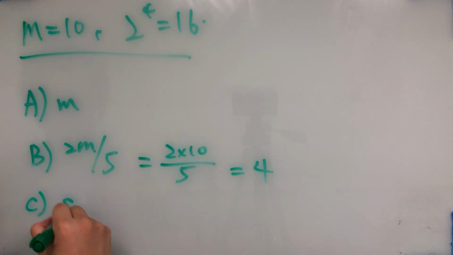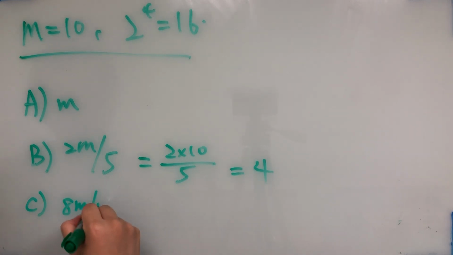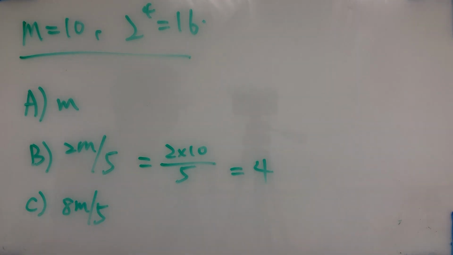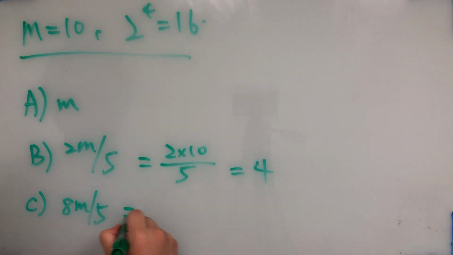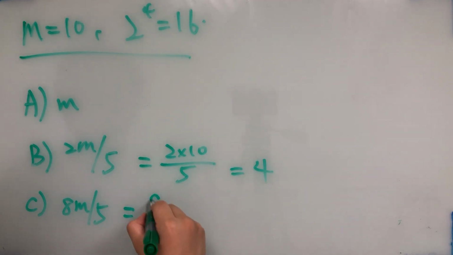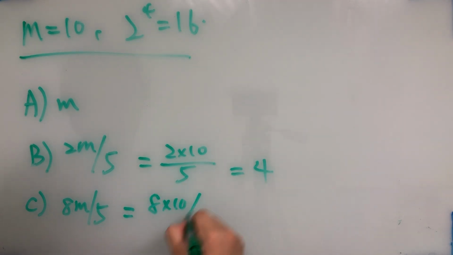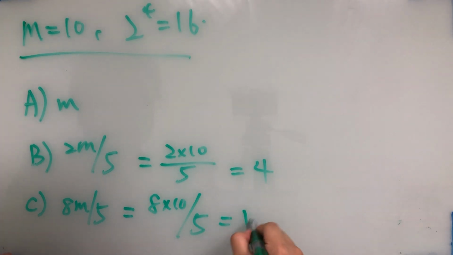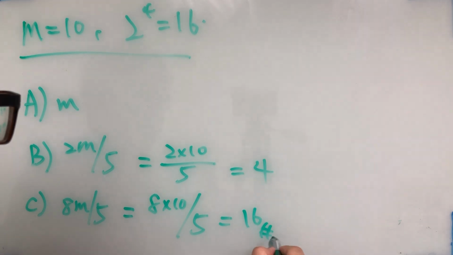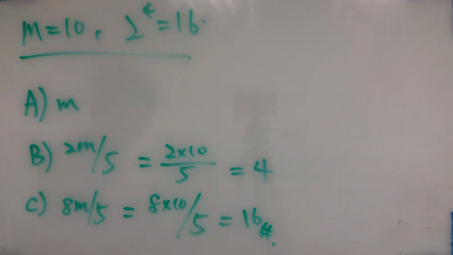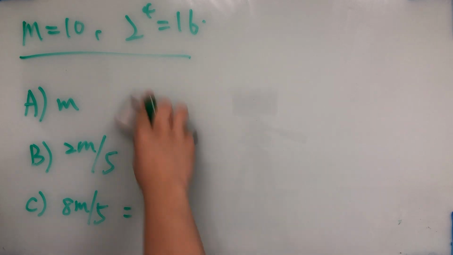C, 8m divided by 5. This would be 8 times 10 divided by 5. That would be 16. Hooray! That would be our answer, 16. So the answer here would be C, 8m over 5. Should be pretty basic.